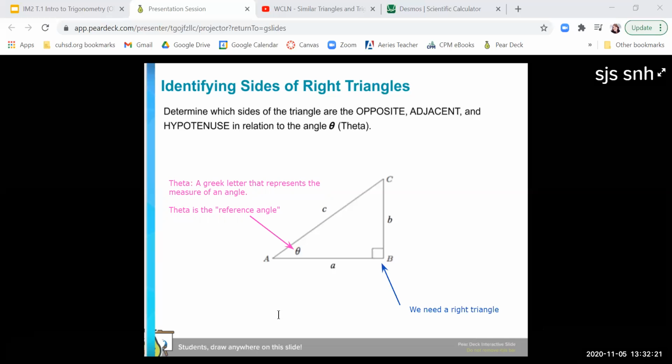So there's that. The next thing we need to be able to do is recognize how the sides relate to theta. So we label each side as the opposite of theta, the adjacent to theta, or the hypotenuse of the triangle. Hopefully we all understand that the hypotenuse of the triangle is opposite the right angle.